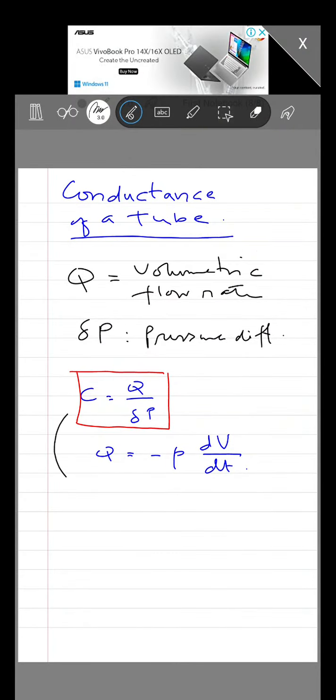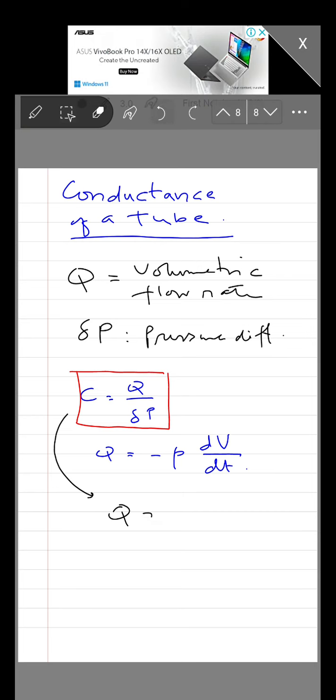So we can rewrite this above equation as Q equal to delta P divided by 1 by C.